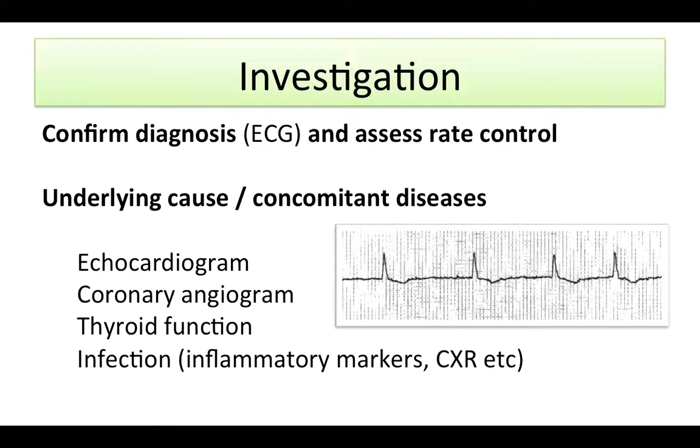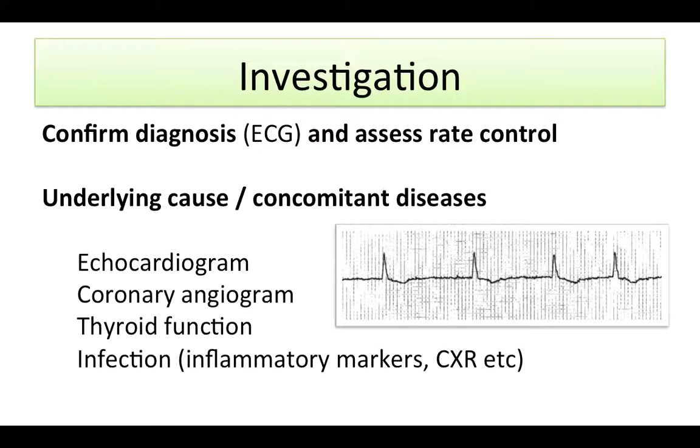So I would say pretty much every patient would need to have an echocardiogram, partly to look for any evidence of structural heart disease, or also to look for any evidence of LV systolic dysfunction, because if you've got inadequately controlled AF, that can cause LV dysfunction, what we call a tachycardia cardiomyopathy.